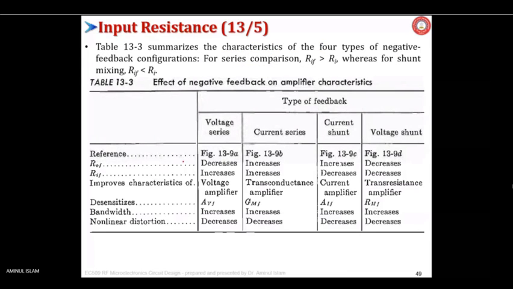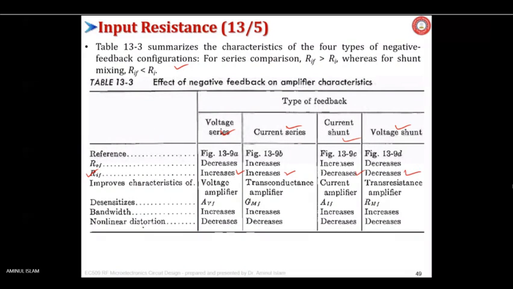This is summarized in this table. The table summarizes the characteristics of the 4 types of negative feedback configurations, that is voltage series, current series, current shunt, and voltage shunt. Regarding Rif, in voltage series it increases, current series it increases, current shunt it decreases, voltage shunt it decreases. Okay.